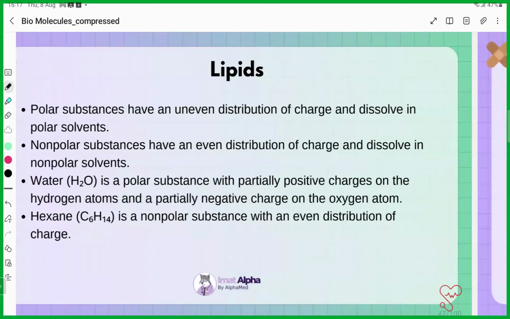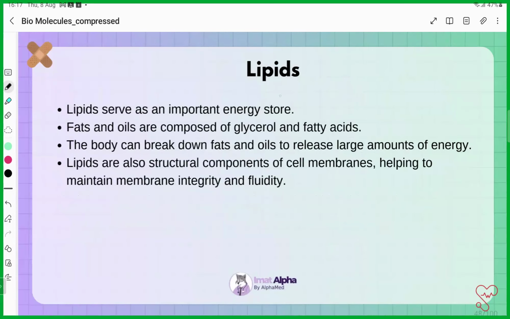Lipids serve as an important energy store. As we said, it's not the primary energy source in our body, but it's a very important energy store since it holds about 8 to 9 kilocalories per gram. Fats and oils are composed of glycerol and fatty acids.